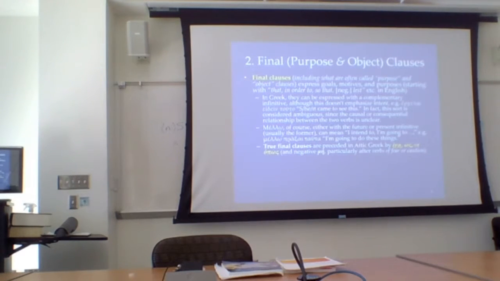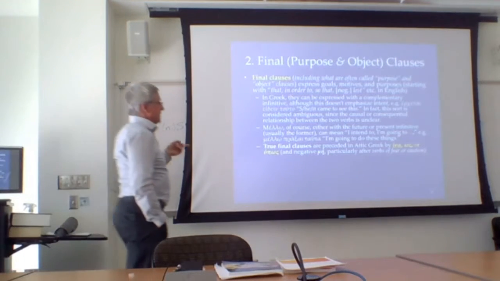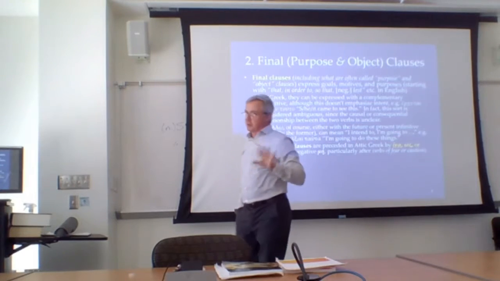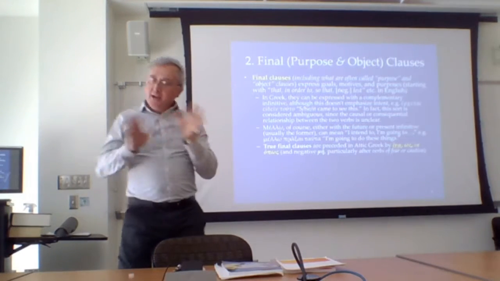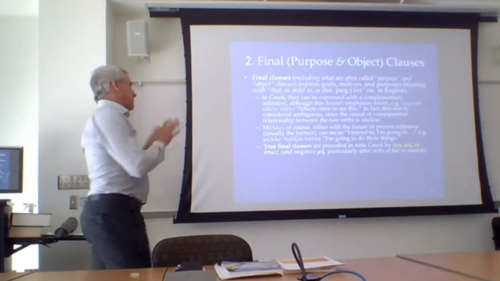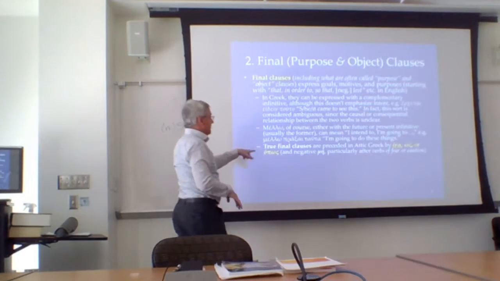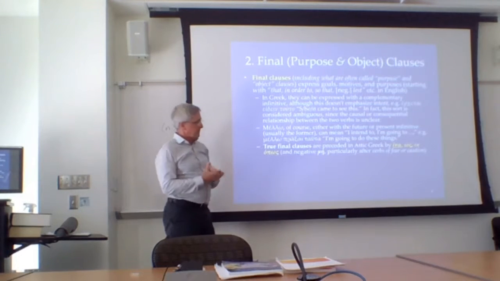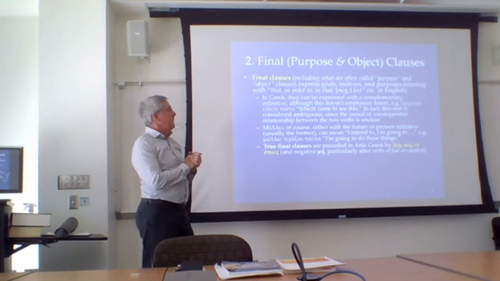Now, true final clauses, in other words, where you're expressing the intent, are preceded in Attic Greek by hina. And I've underscored that one because that's the one you've been introduced to. Although if I hand you some other writings from other textbooks, you will see some other uses, like the use of hos or hopos in this way.